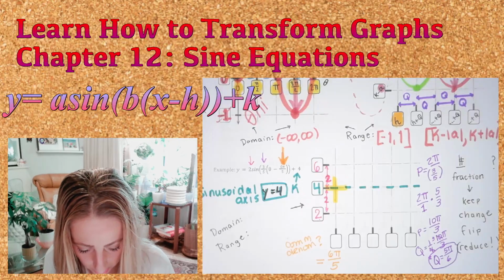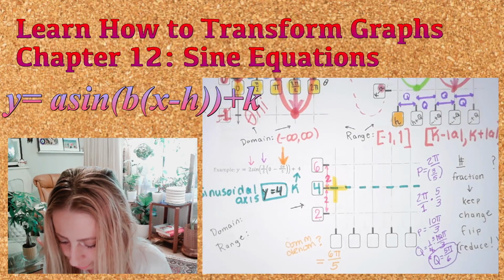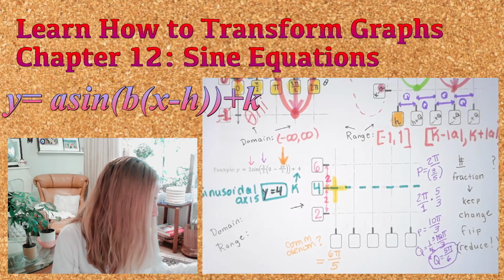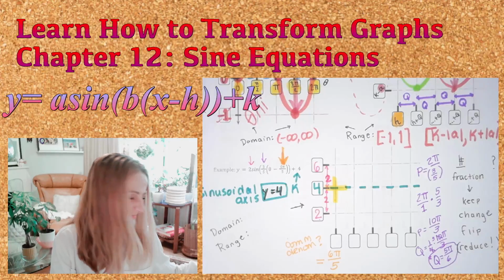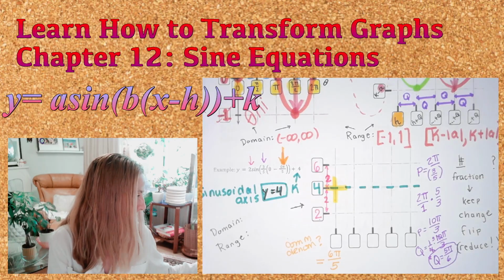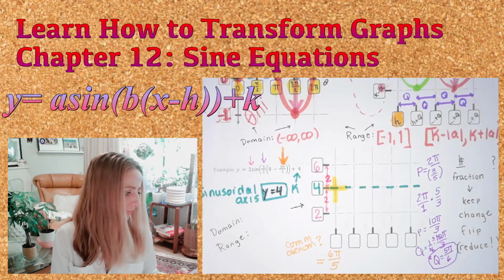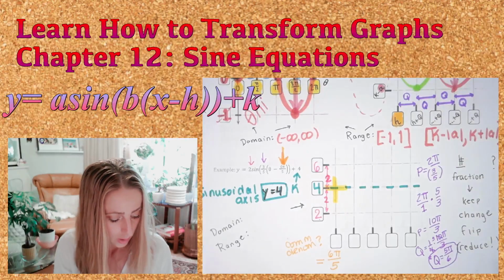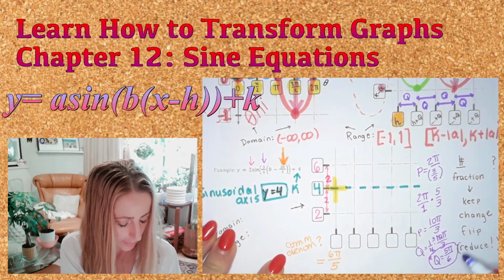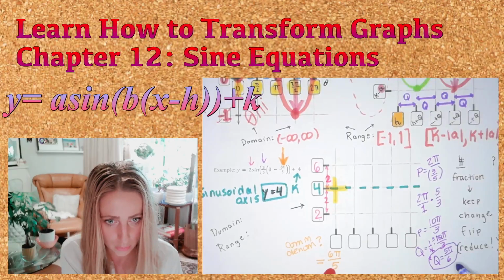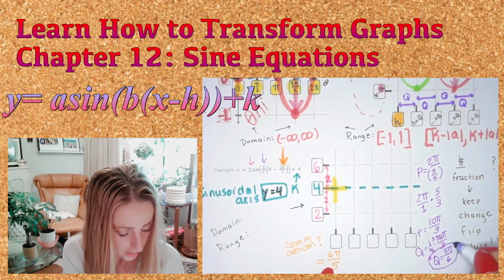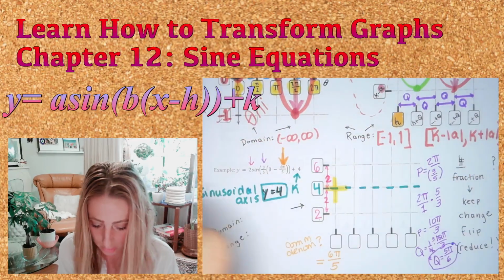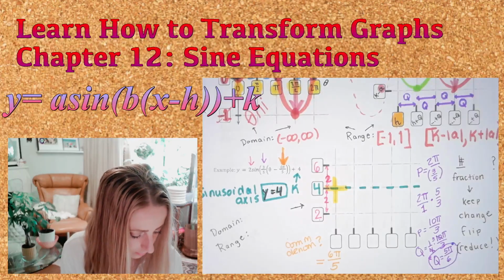Let me get a good color. Okay. All right. The common denominator is going to be between 5 and 6, so that's 30. Of course, the one I get has like a dull tip. There we go.